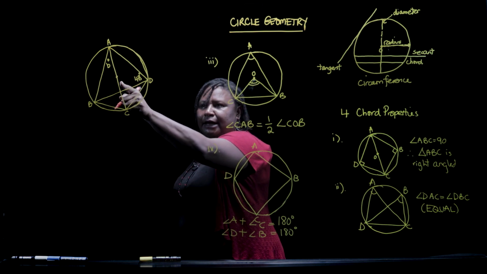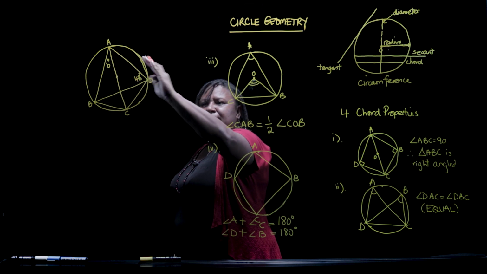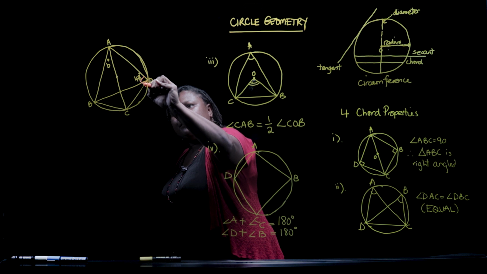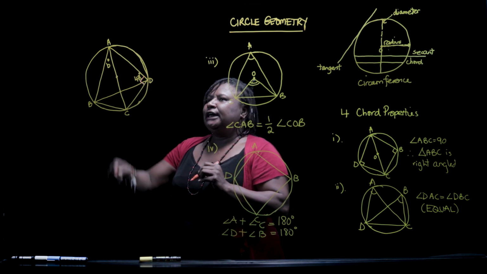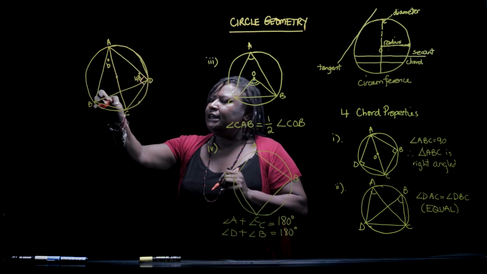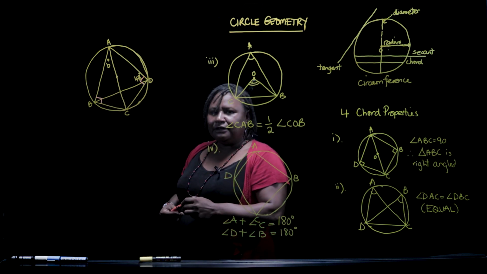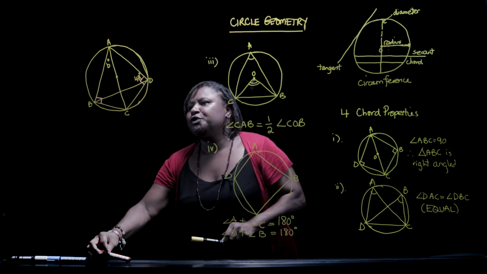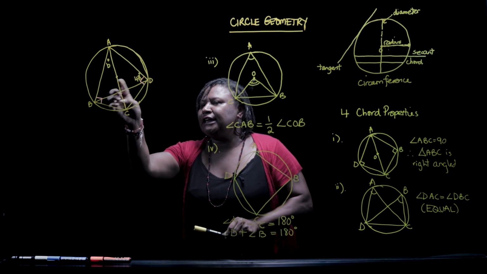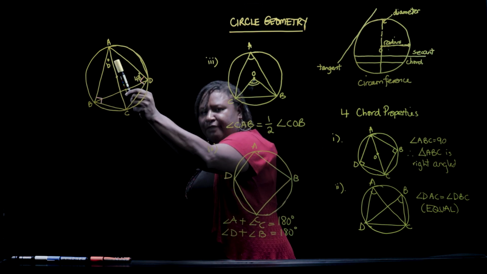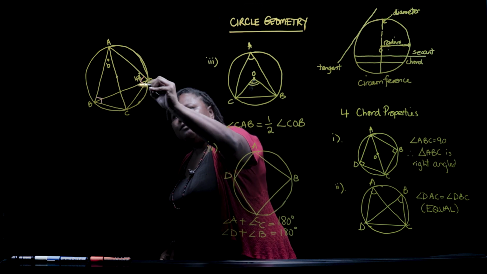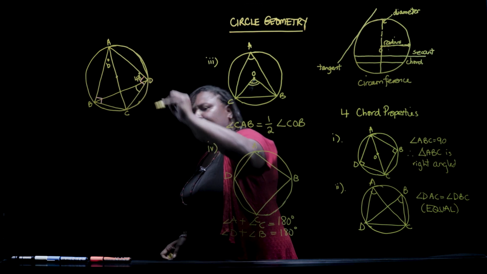So if this is a diameter, the angle in the triangle on this side is a right angle, and this side here is also 90 degrees, which means the 2 triangles that are formed here have 90 degree angles. How do I find B? I will need to find the value of this angle here.